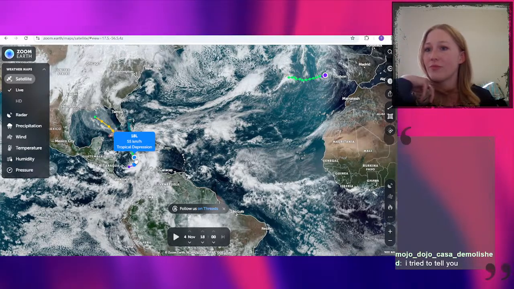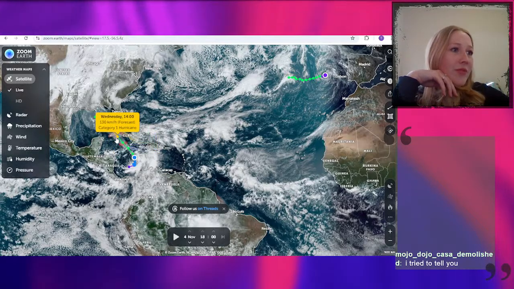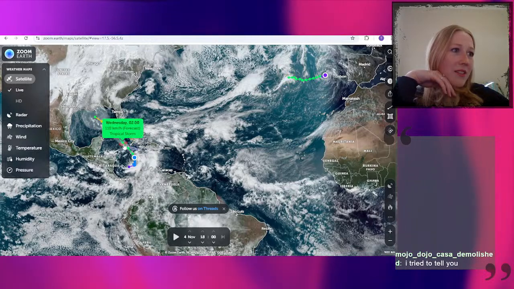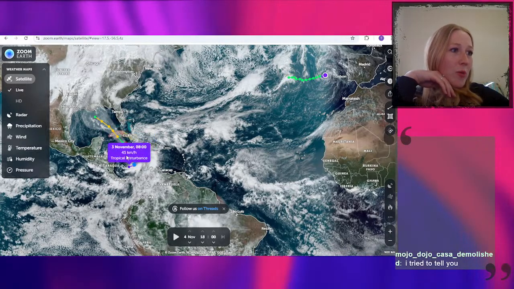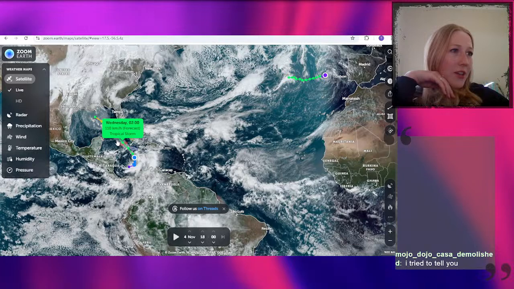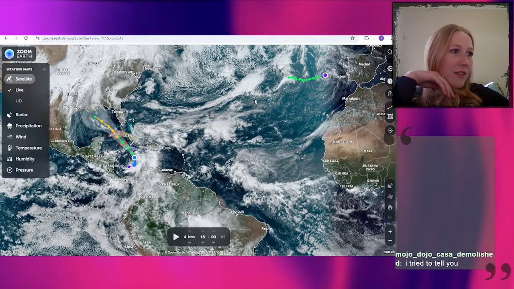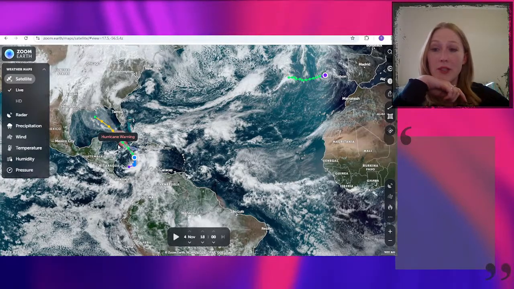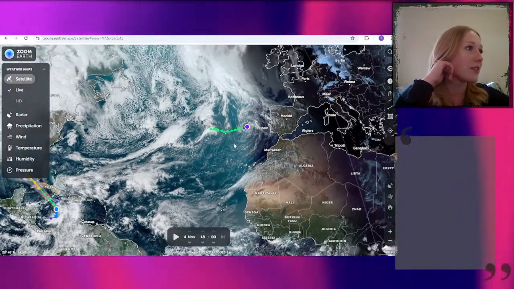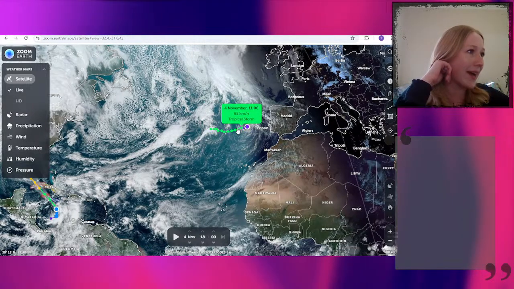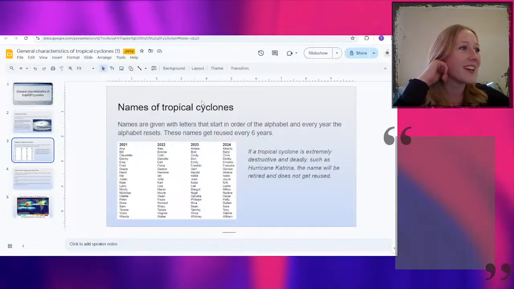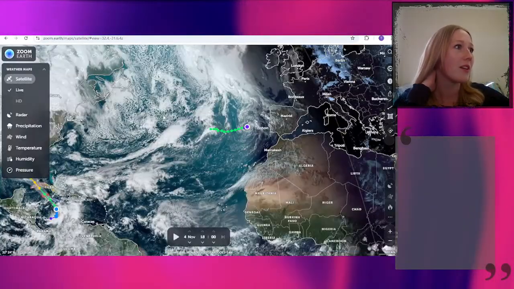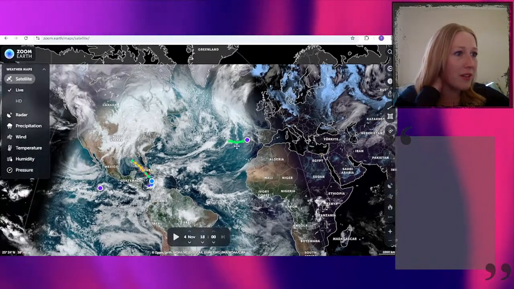So it's a low pressure system at the moment. Yeah, we'll find it. Wait, there's Patty. So it's a low pressure system at the moment, and it hasn't quite escalated to a hurricane yet. Not that I'm seeing. But all of these areas have a hurricane warning at the moment. Okay, so here is Patty. Is that on the list? Yes, there's Patty. Okay, let's see if we can find Raphael. Where's Raphael?